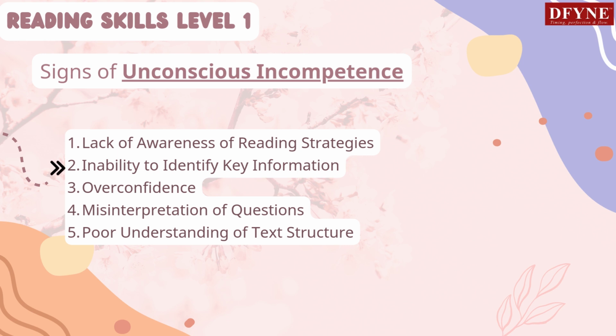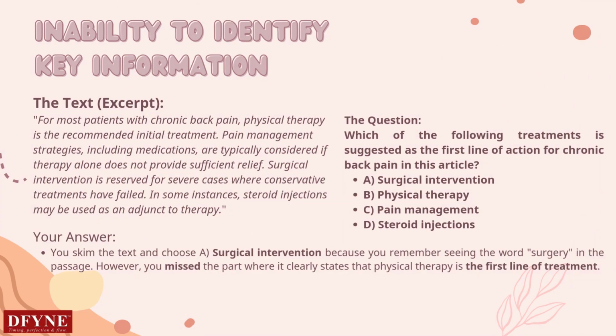Let's take an example. Imagine you are reading a medical article about chronic back pain for the OET reading part B. The text discusses different treatments such as physical therapy, pain management, and surgical interventions. Now, looking at the text and the question, it's possible that you choose the answer as A, surgical interventions, because you remember seeing the word surgery in the passage.